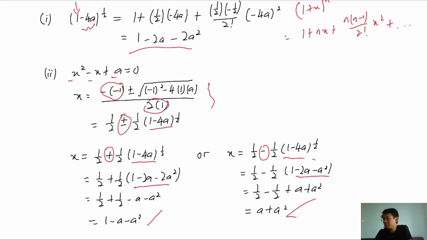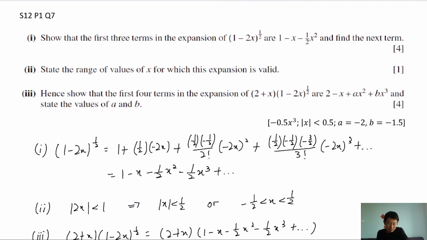So let's move on to the second question. For the second question, we have the first three terms of the expansion of (1 − 2x)^(1/2) given, and we need to find the next term. It's a similar thing.